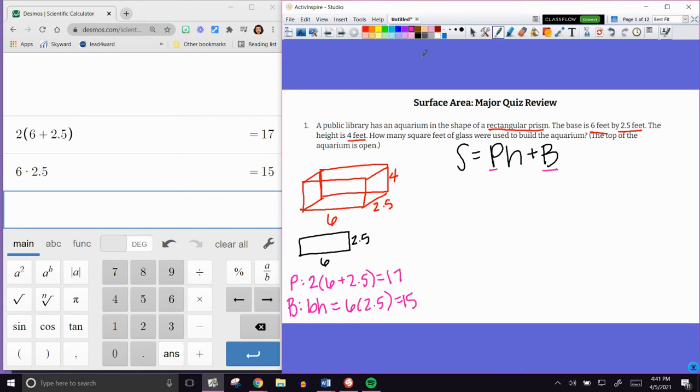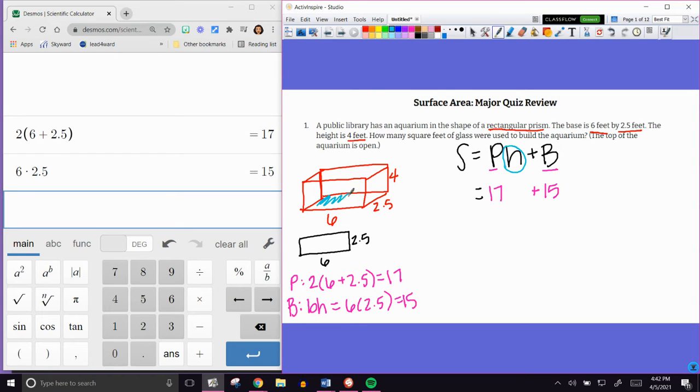So now that I have these numbers, I'm going to plug what I have into my formula. Right now I have perimeter, which is 17. And again, I only need one base, so it's going to be 15. Now, a reminder that your h is lowercase. That's because it's talking about the distance between the bases, or the height of the figure.